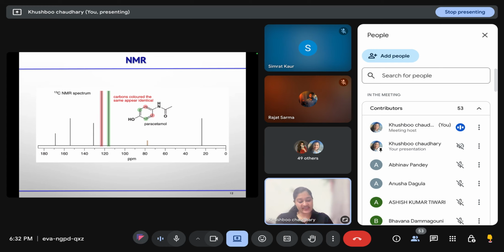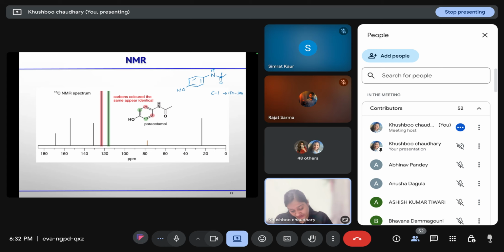Okay. So this is the next molecule, paracetamol, which everyone should be aware of. Now this carbonyl amide carbon will come in the region of 150 to 200. This is the most deshielded carbon. Carbonyl carbons are the most deshielded carbon in any molecule.